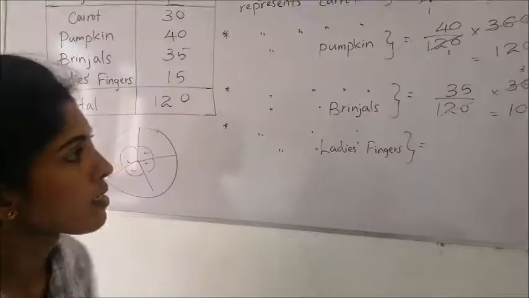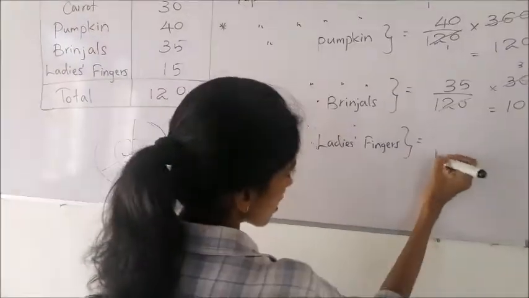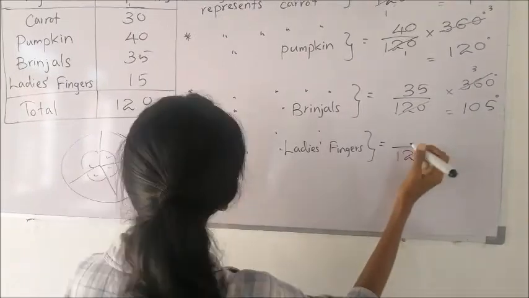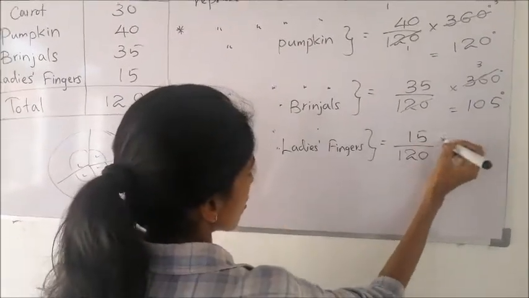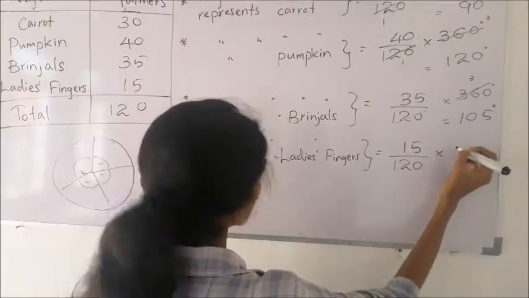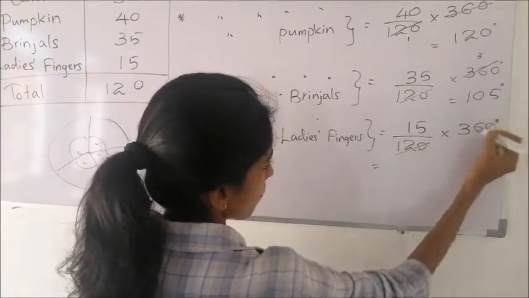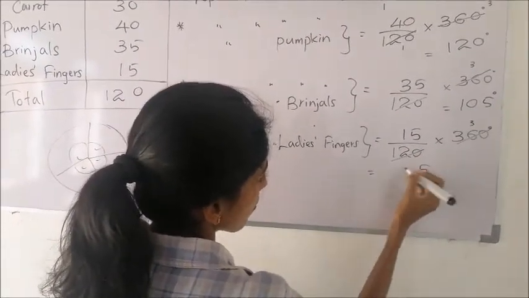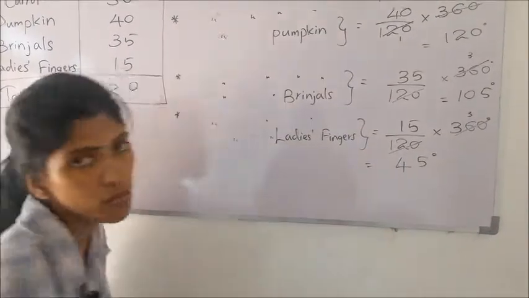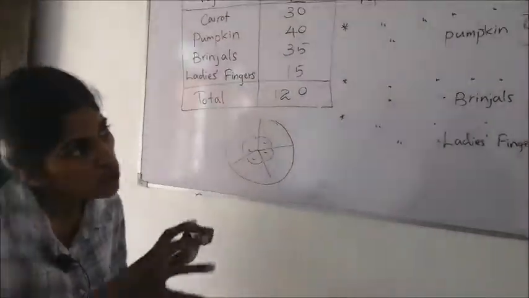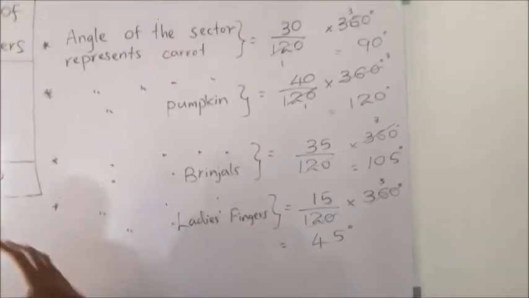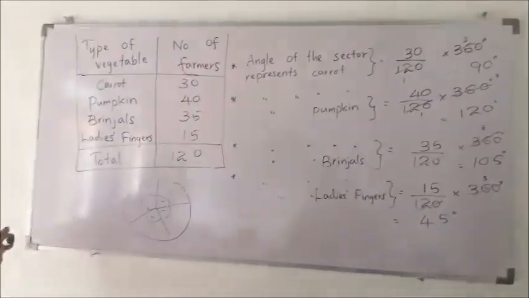Then even you can get the same answer. But here I am doing the same calculation. Out of 120, 15 growing ladies' fingers, multiplied by 360 degrees. 45 degrees.